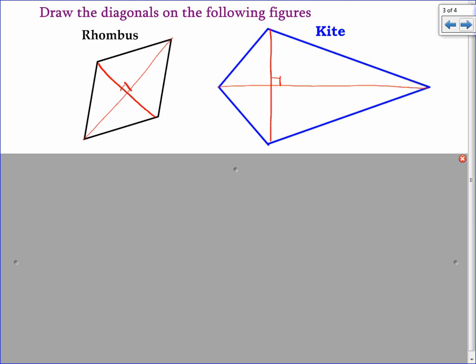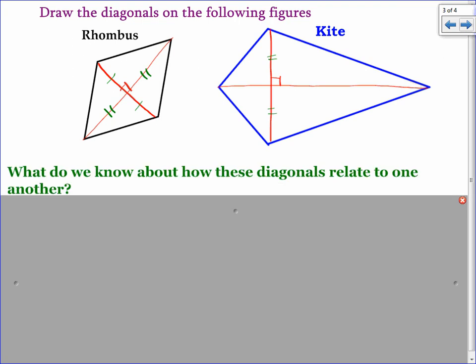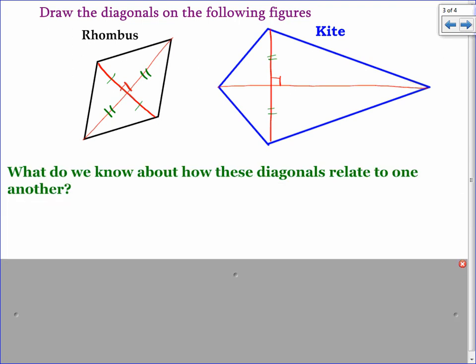They're bisected. Okay, so on the rhombus, both of them get cut in half, but on the kite, just one of them does, right? Is there anything else? That's the majority of it.